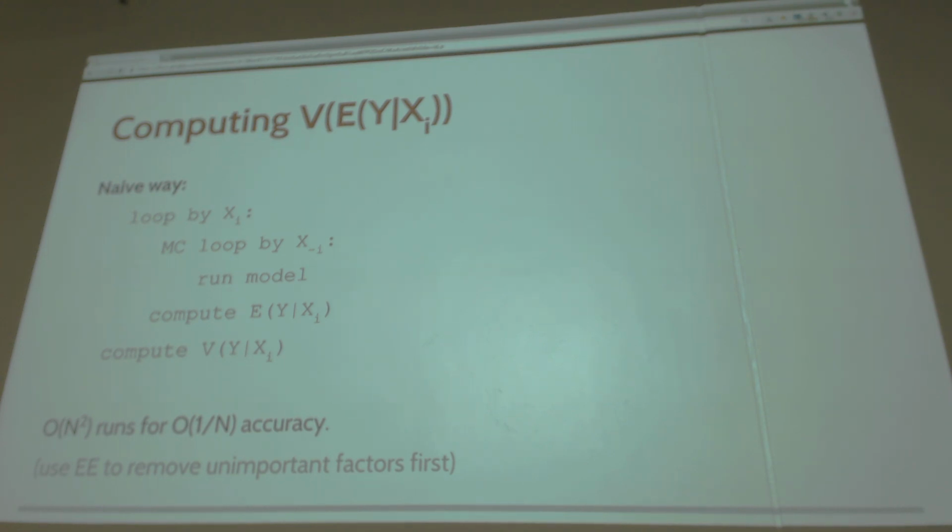So what if xi is a real number? You have to have very many examples for every fixed xi. Yeah, so the question is, what if the factors are real numbers? That's not a problem. We'll just sample from the distribution of the factor.